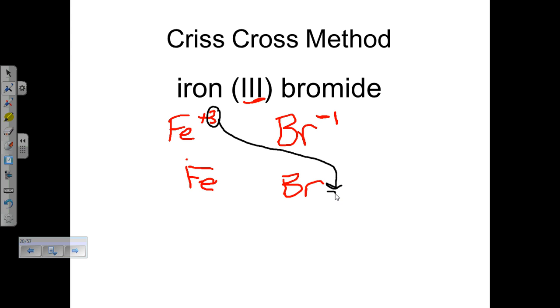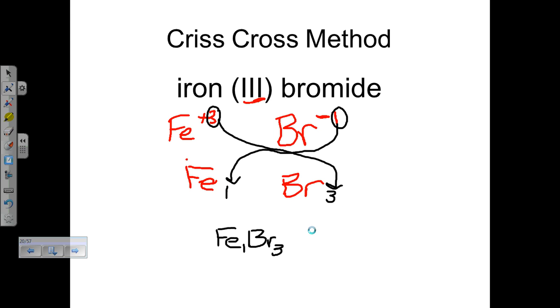Okay? So the 3 comes down here. The 1 goes around down here. Okay? So we're going to have Fe 1 Br 3.